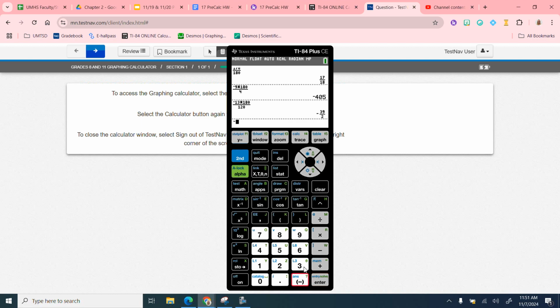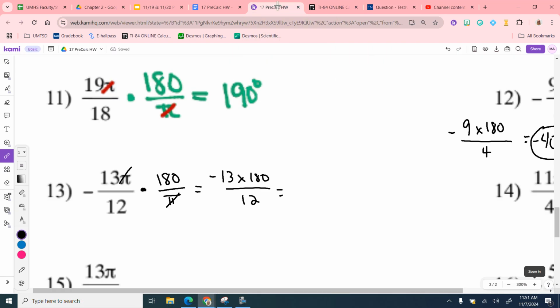And sometimes you might get a decimal. You can just put in -39 divided. Oh, wait a minute. That's not right. Try that again. Alpha y equals -13 times 180 over 12. Not 120. And you get -195 with that.